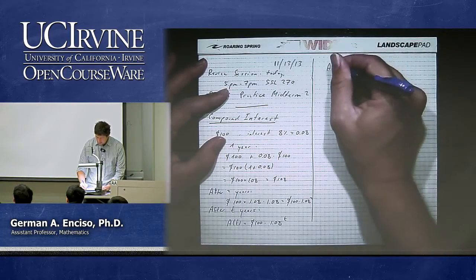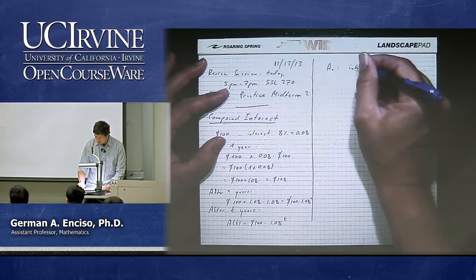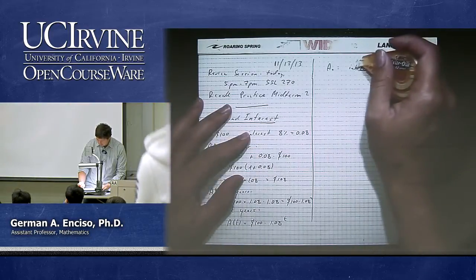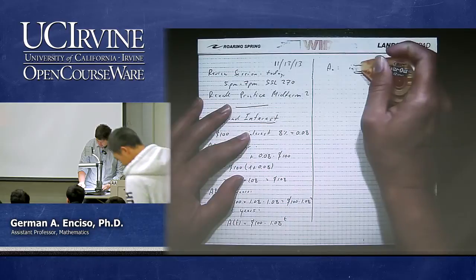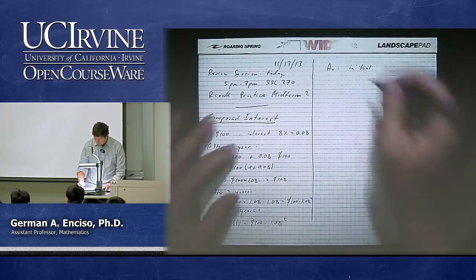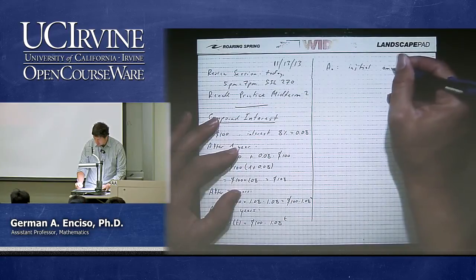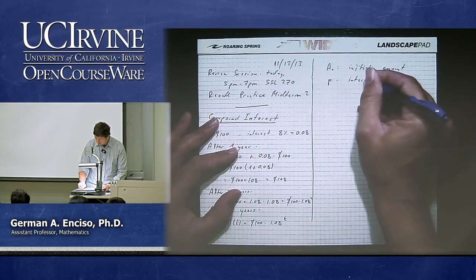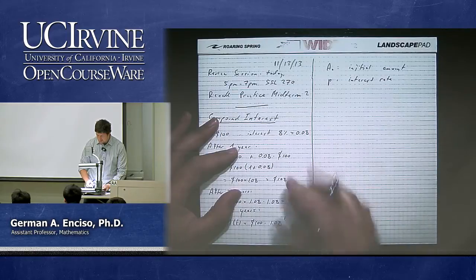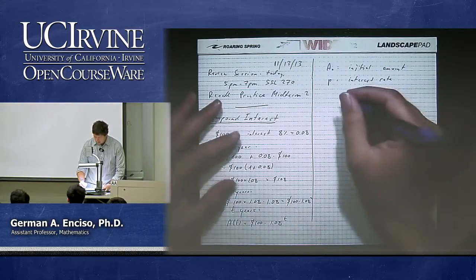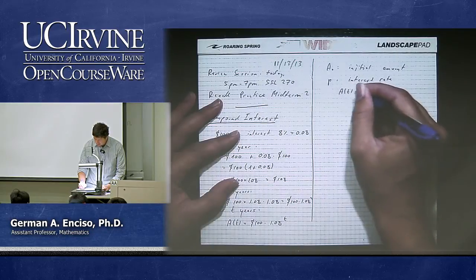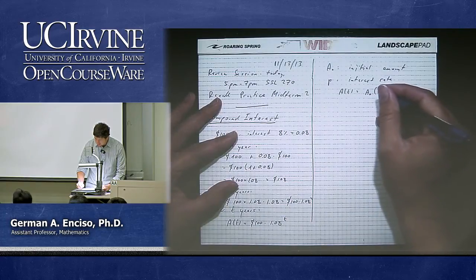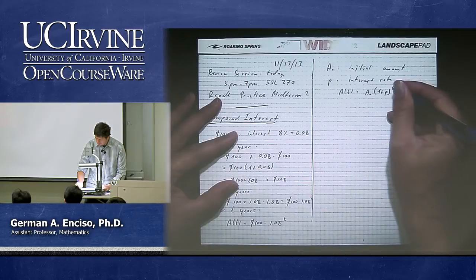So if A0 is the initial amount, and P is the interest rate, in this case it was 0.08, then A of t is equal to A sub 0 times 1 plus P to the t.